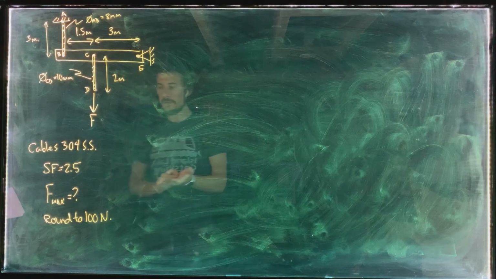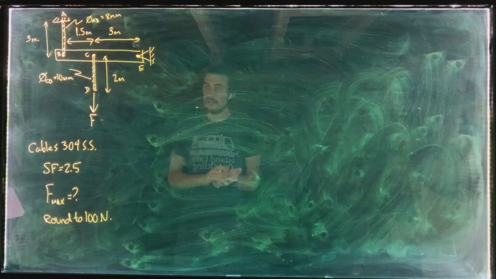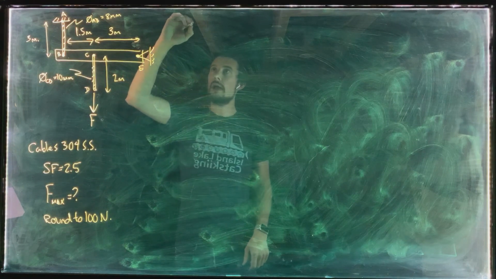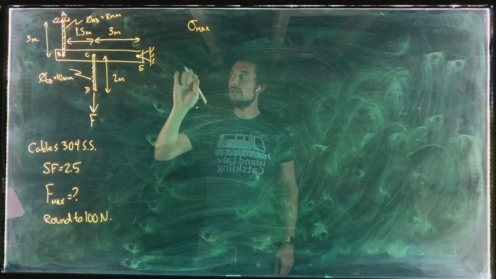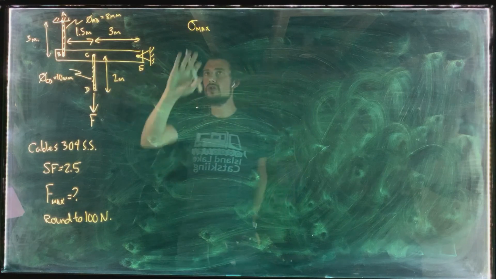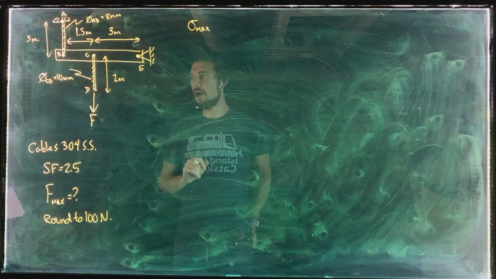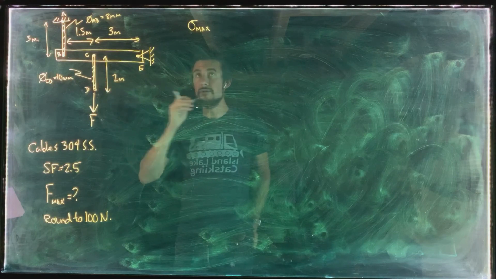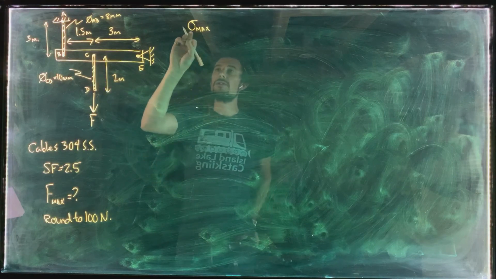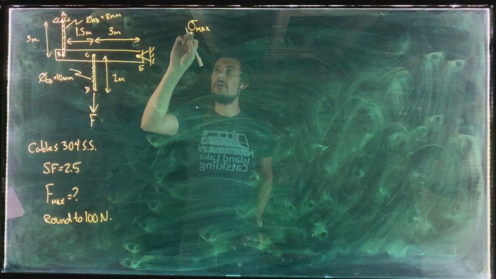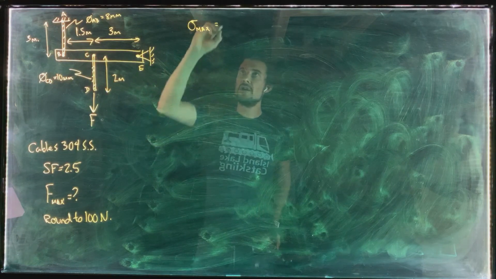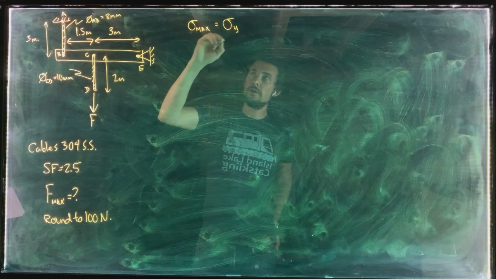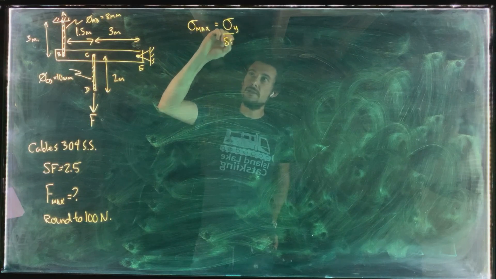What that is saying is that we're going to allow the maximum stress inside the cable, and I'm writing normal stress here because cables can only carry tensile loads, so they must be under normal stress. So what we're saying here is we're going to allow the maximum stress in these cables to reach the yield strength divided by the safety factor.